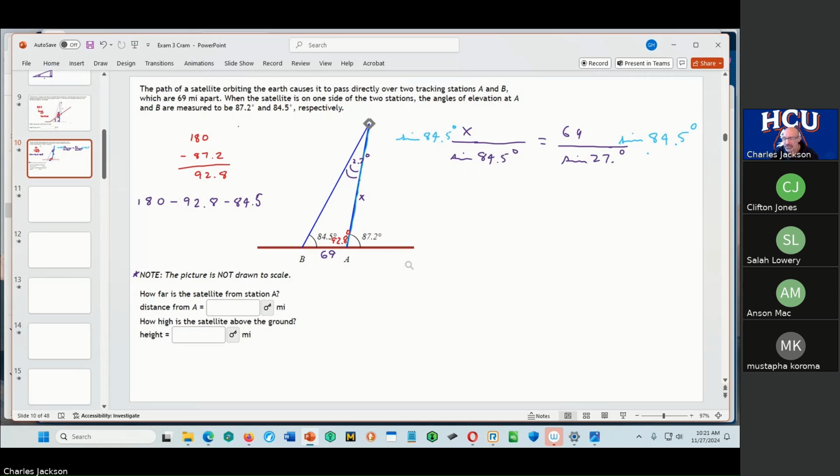And we'll go to the calculator to get 69 times the sine of 84.5 divided by the sine of 2.7.